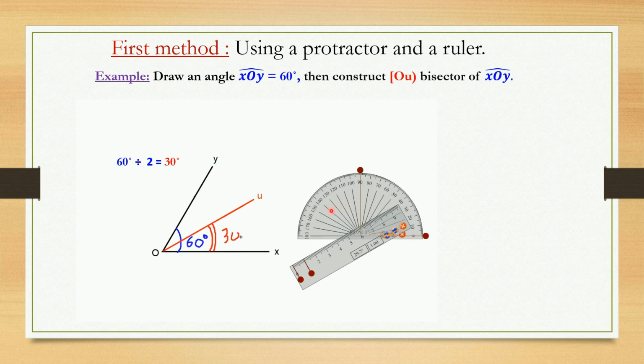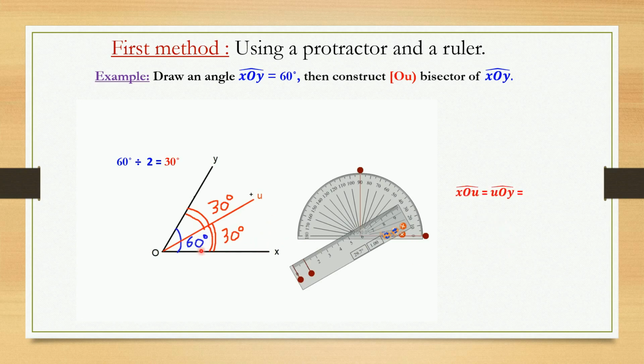So I placed the 0 of my protractor on OX, then I counted from 0 till 30, then I drew the bisector OU of angle XOY. And of course, the two angles XOU and UOY will be equal to 30 degrees each.